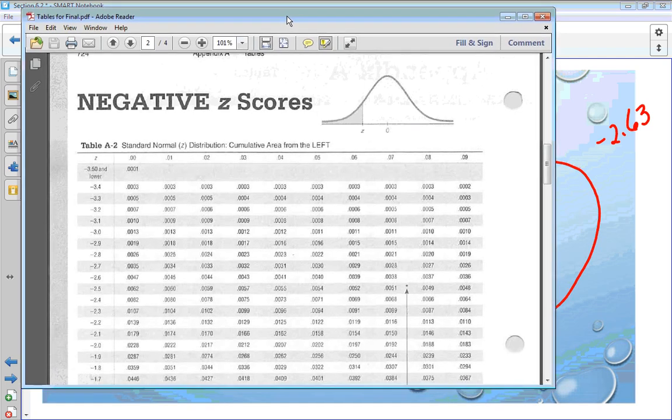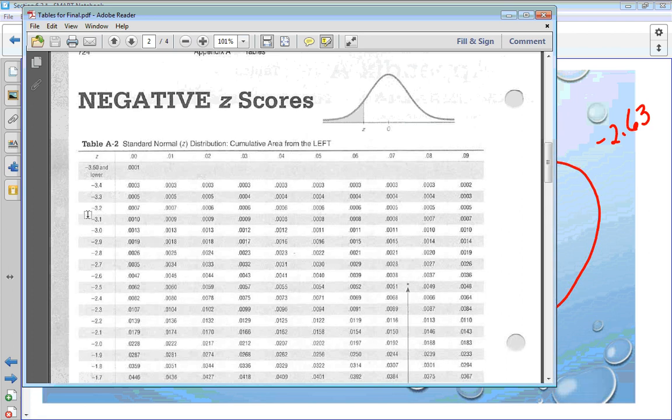I would have to go to my column here and look down. I'm going to look at the row that says negative 2.6, and I'm going to go all the way over to the column that says 0.03.